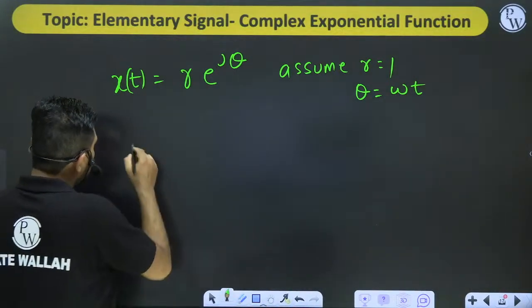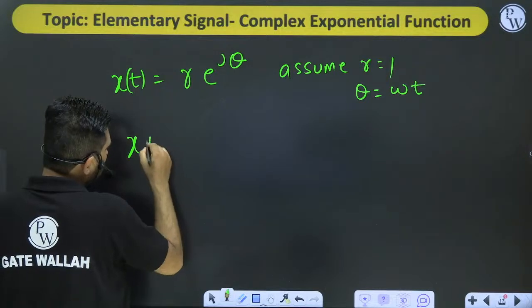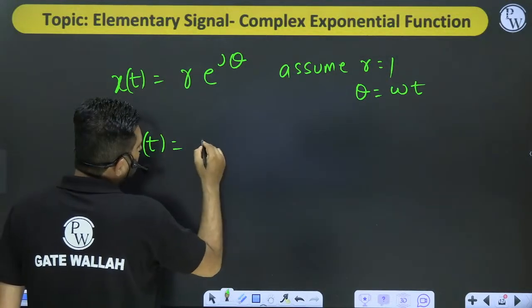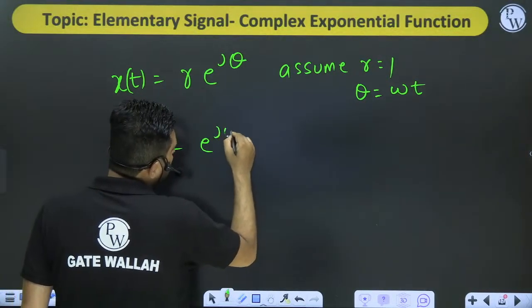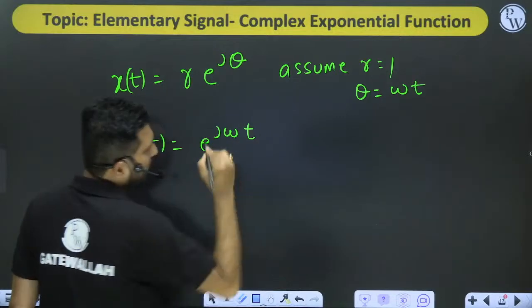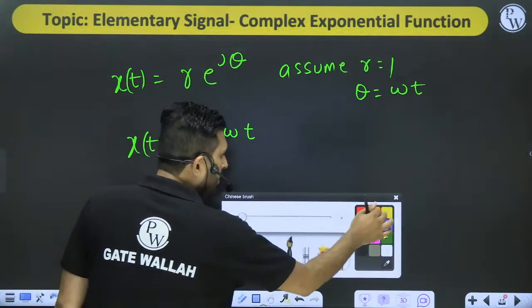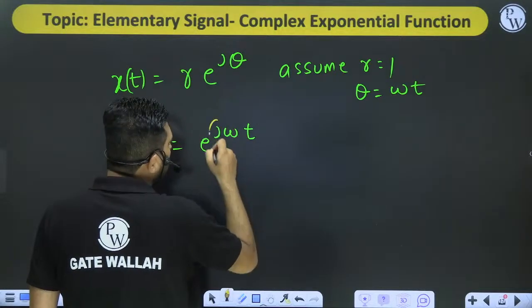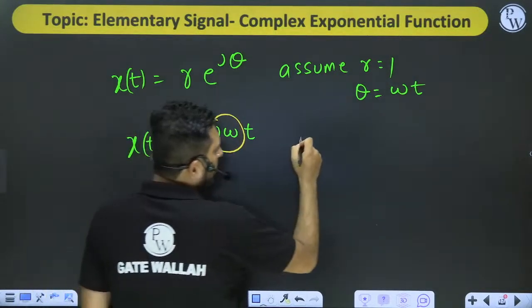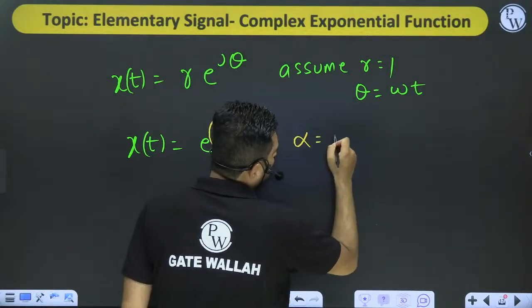so that this function becomes e to the power j omega t. Now look at this representation. If I denote it by alpha, here alpha is j omega.